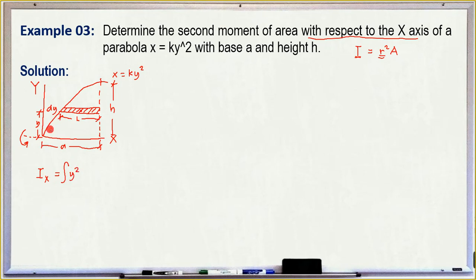Our distance here is denoted by y, so that is y squared times this very small area, the rectangular strip that I shaded. Now, our differential area is just equal to the length L times its width, that is dy.